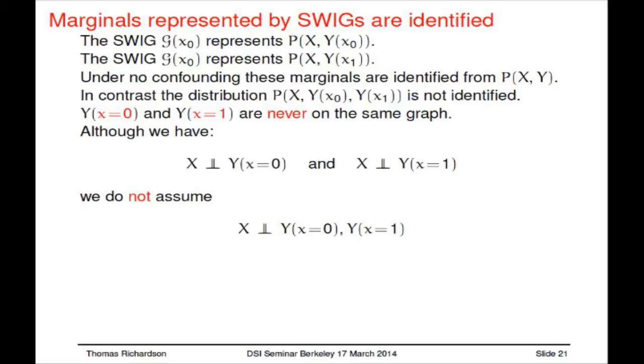And you might say, well, isn't this a bit pedantic? I mean, if I randomized x, why wouldn't I believe this? And the point is that in the context where it's just two variables and x was randomized, there's nothing wrong with this assumption. But in the context where there are more variables, then it starts to become problematic.